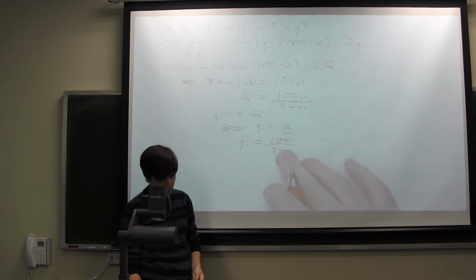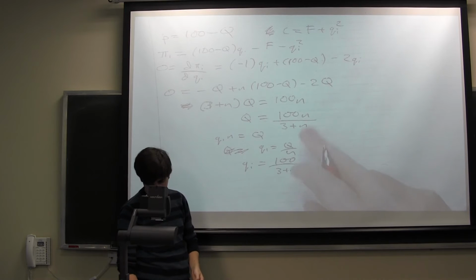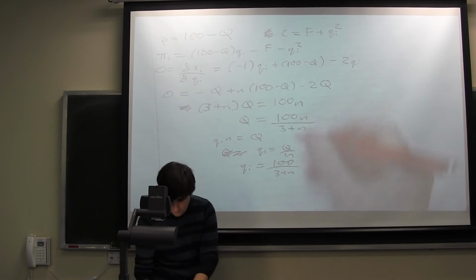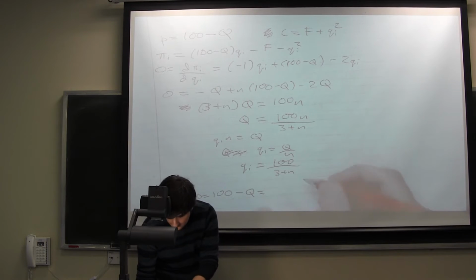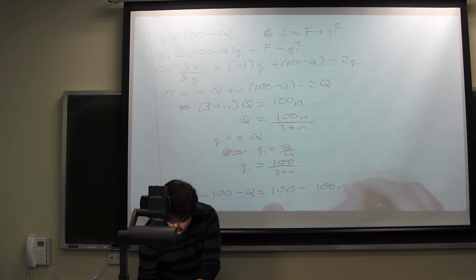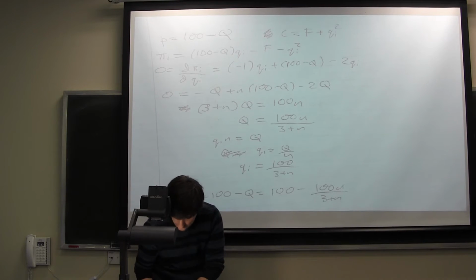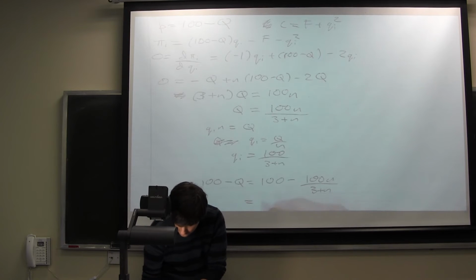So we know the quantity produced by each firm, we know the total quantity. What's the price? Well, the price is 100 minus the total quantity. So that's 100 minus 100n over 3 plus n. If you like, that's 300 plus 300n divided by 3 plus n minus 100n divided by 3 plus n.